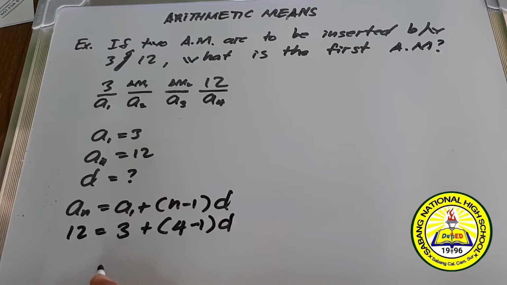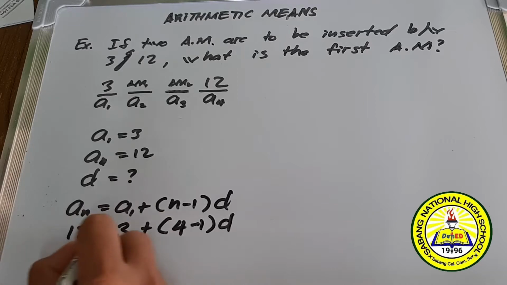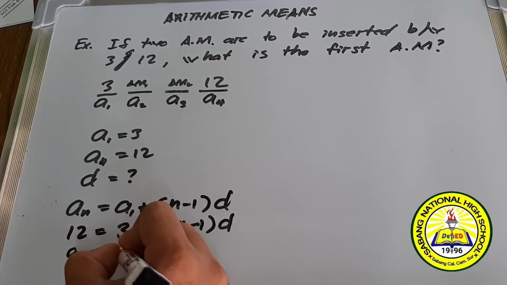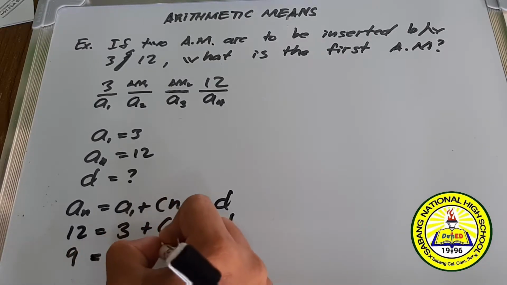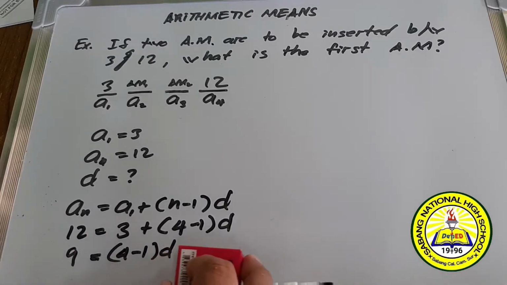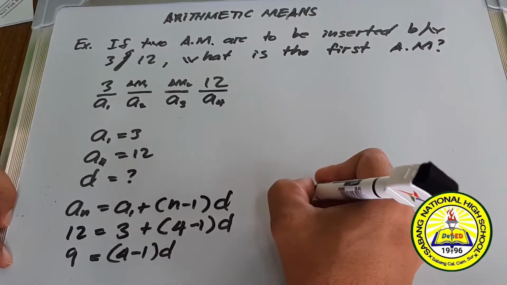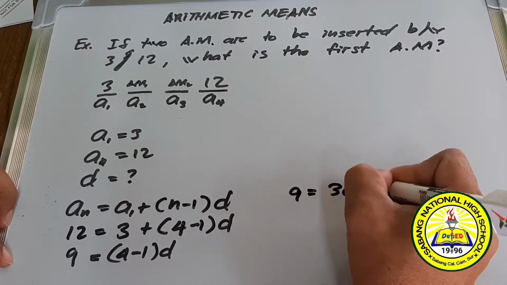So we are going to have 12 minus 3 equals 4 minus 1 times the common difference. 9 equals 4 minus 1, which is 3, times the common difference.